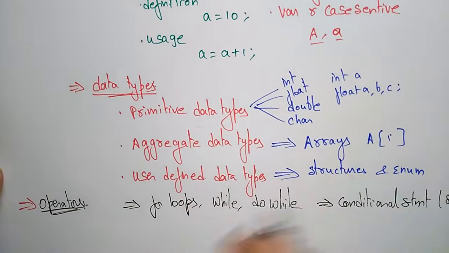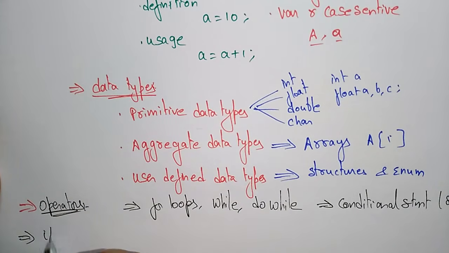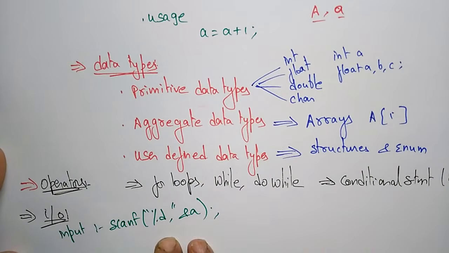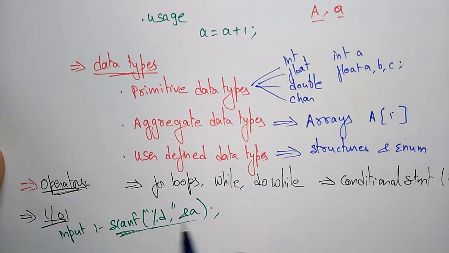And the main thing is the input output operations. For input you use scanf, %d, &a. To read a value into a particular address, you have to use scanf. Scanf is for reading the data, that is the input.